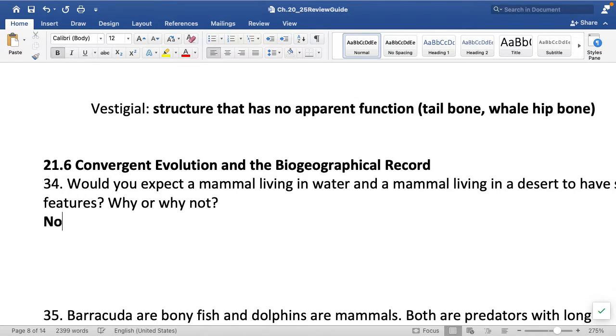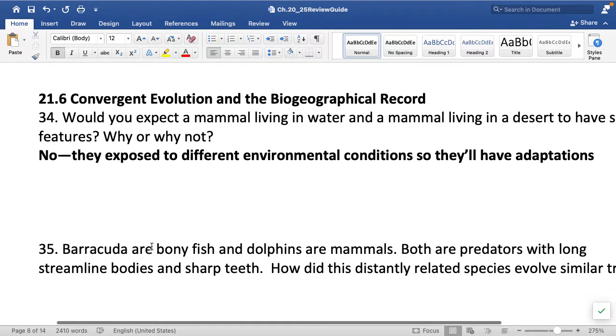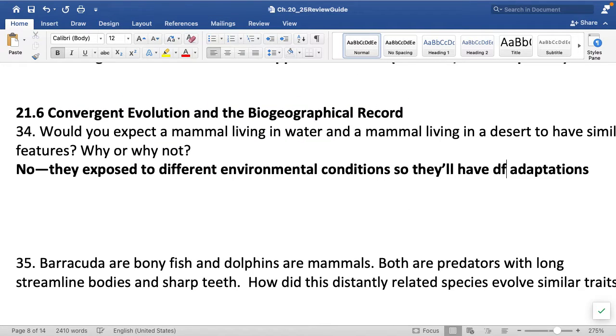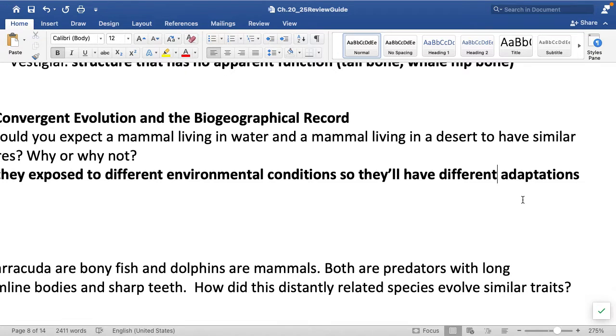No. They live in completely opposite climates, so they are exposed to different environmental conditions. So they'll have different adaptations.